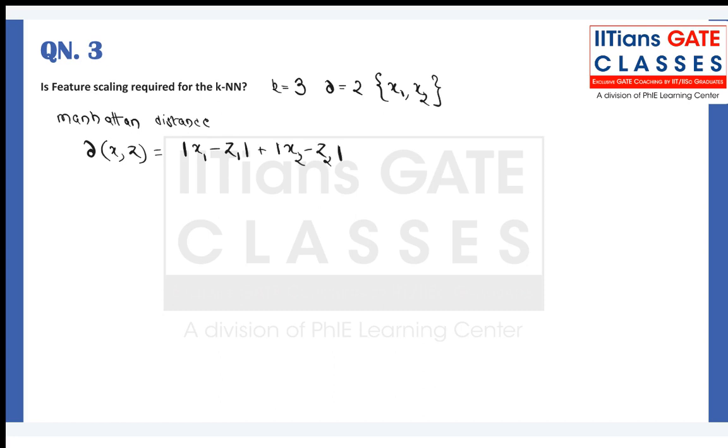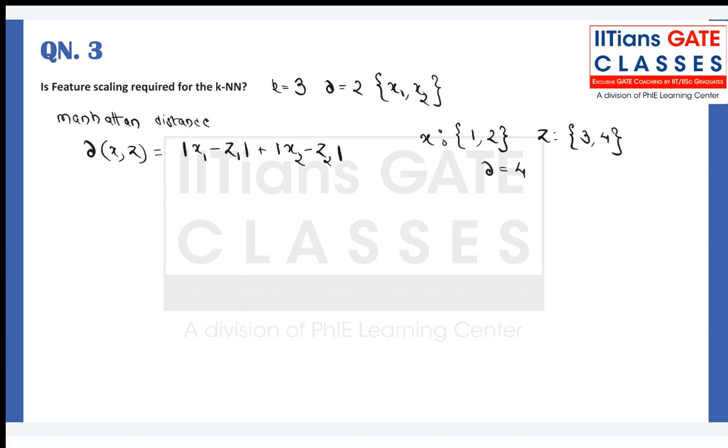Okay. Let's say that point x is 1 comma 2 and point z is 3 comma 4. And you may be able to calculate the Manhattan distance. In this scenario, it will be 2 plus 2, 4. Right?